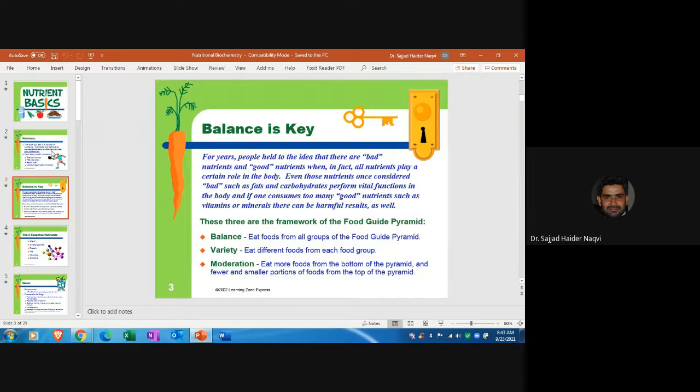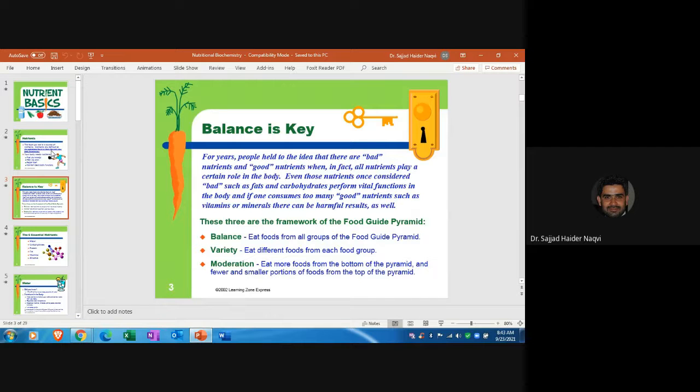But just to let you know, your food should have a composition in a way that it includes all the food guide pyramid groups. The second thing is variety. Again, variety is somehow related to balance because we have to eat different foods from each of the food groups, like carbs, proteins, fats, etc.